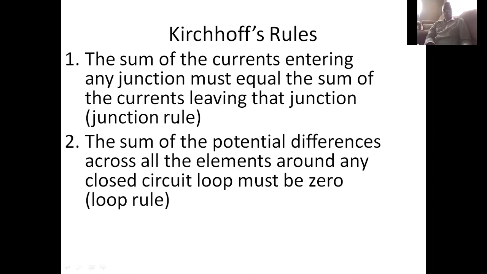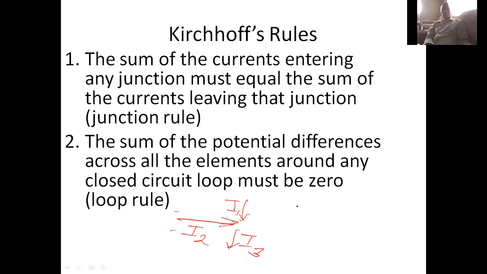What it means is that if, for example, you have a current entering a junction and another current entering a junction, say this is current 1 and this is current 2, and then you have one current which is leaving the junction.